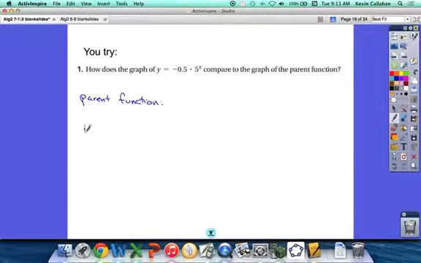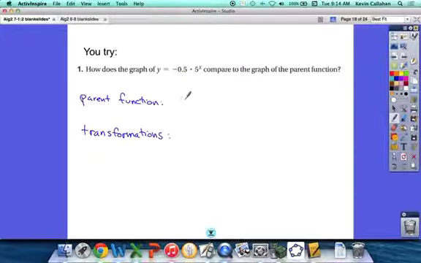What is that? What did you say is the parent function? 5 to the x.